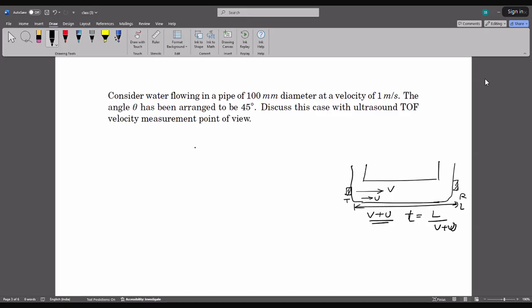So that is something we have covered as part of the theory. So here the question says that consider water flowing in a pipe of 100 mm diameter, at a velocity of 1 meter per second.